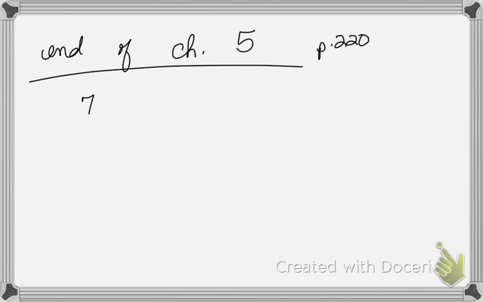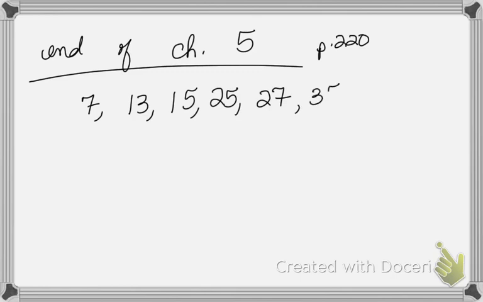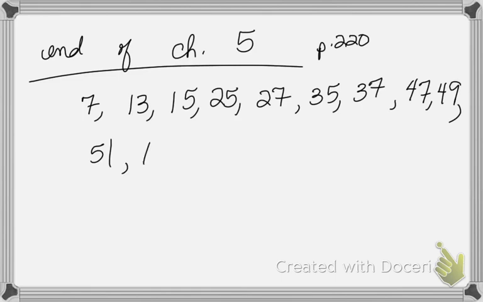They are numbers 7, 13, 15, 25, 27, 35, 37, 40, I got that out of order, 47, 49, 51, 63, 67, and that's it.